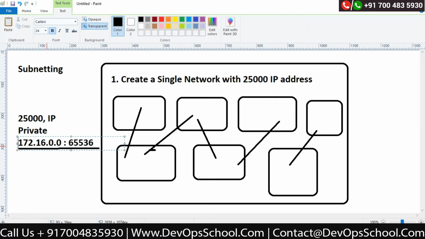But with the help of subnetting, whatever network I have selected, I can divide into smaller chunks, smaller networks. And that process is called subnetting, or you can say micro segmentation.